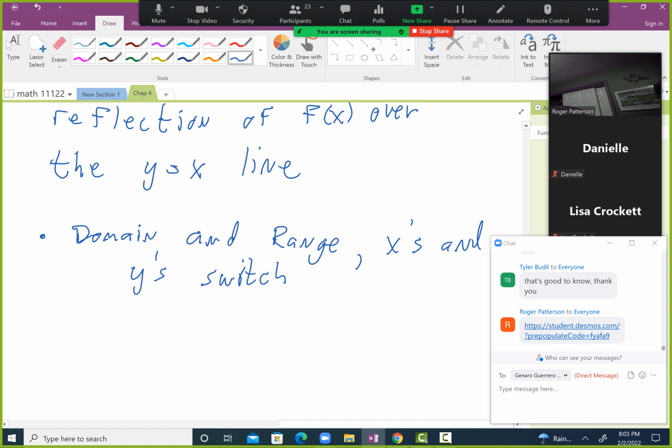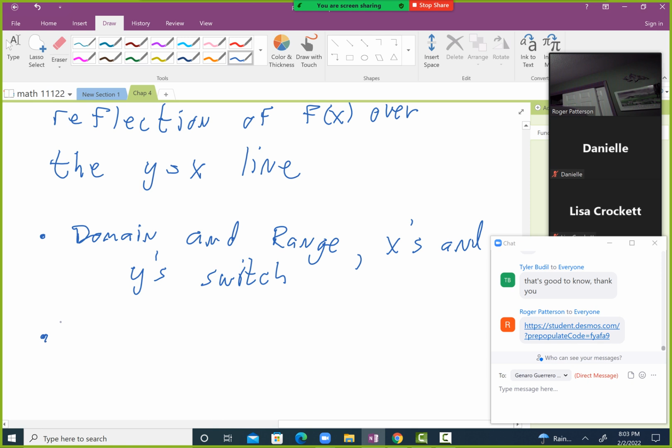So there's two important things. The other one is the horizontal line test. So here's how that works.